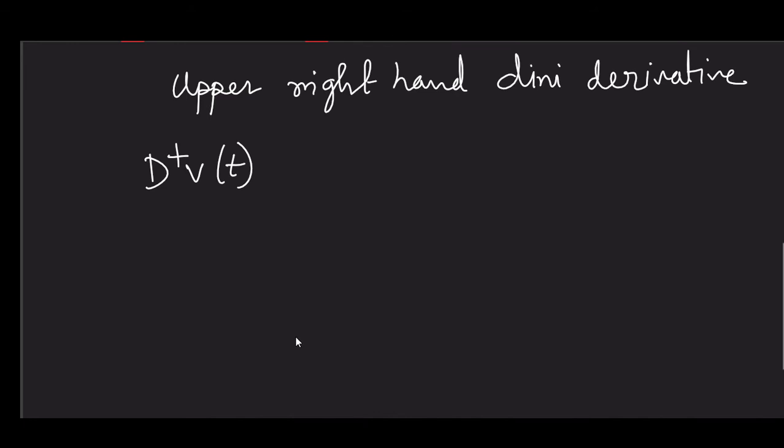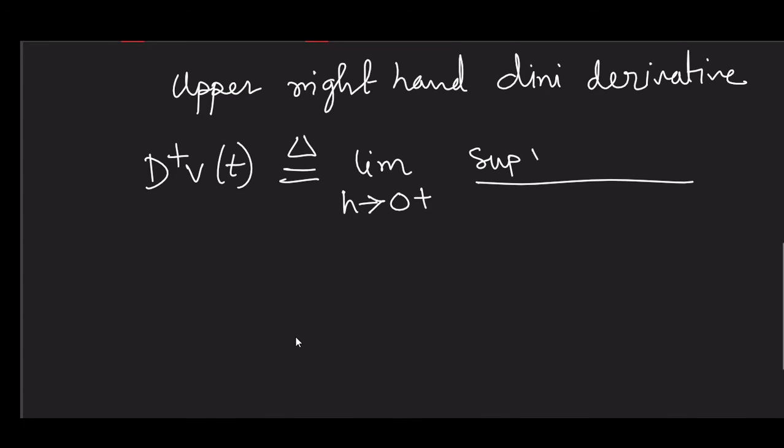That upper right hand Dini derivative is known as D plus. So this D plus V(t) is defined as limit supremum as h tends to 0 plus of (V(t plus h) minus V(t)) by h, where this limit, I wish I had discussed the Bolzano-Weierstrass theorem before this, but then there will be a bundle of theorems and you will not be able to get it.